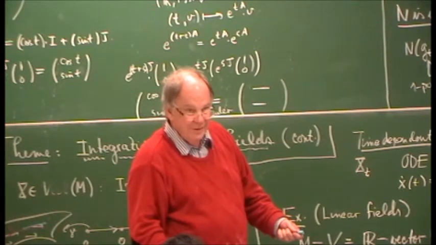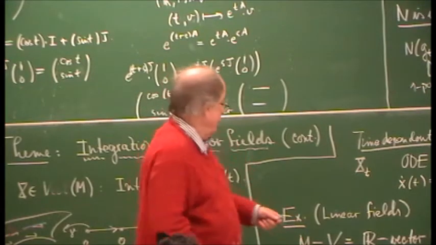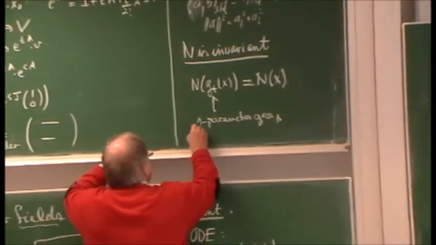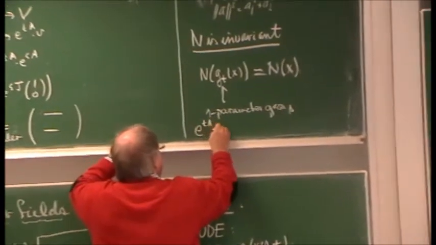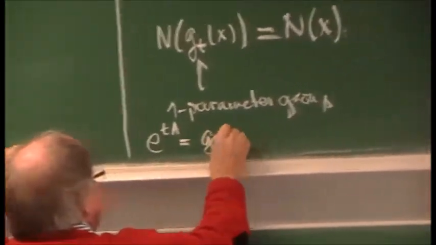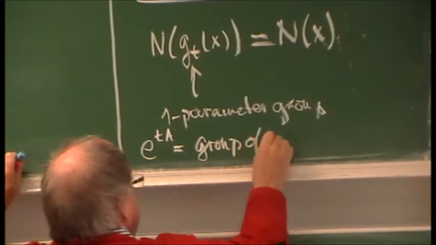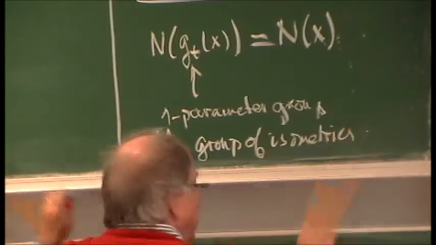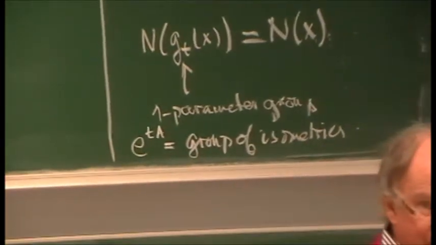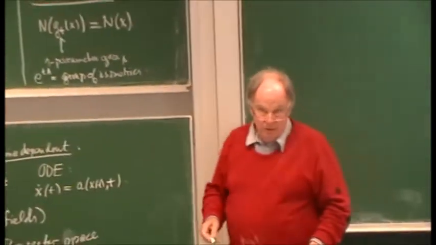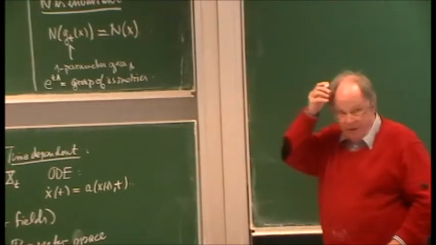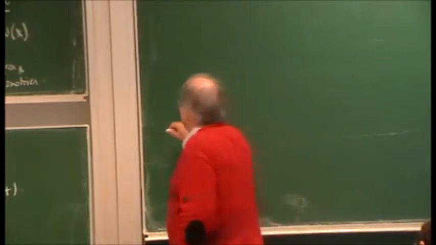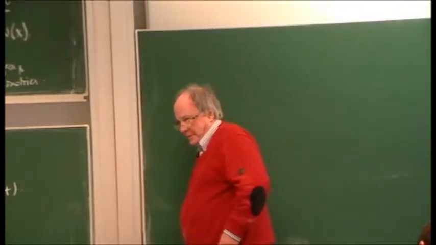You get it? So you check it: e to the tj is a group of isometries. Now, you might have fun checking that. It occurs to me it might be a nice exercise.